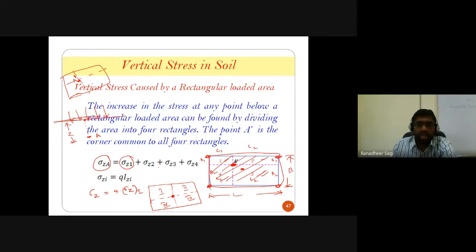Ultimately, I understand the dimensions of that section, and those dimensions can be made use of accordingly to calculate the corresponding vertical stress that is getting developed in the ground where that chosen point exists at a depth of z meters.